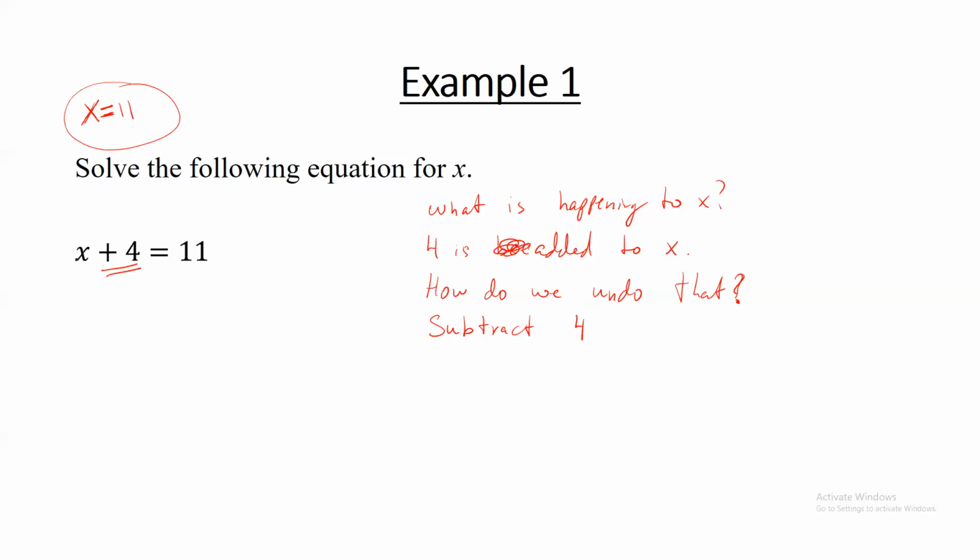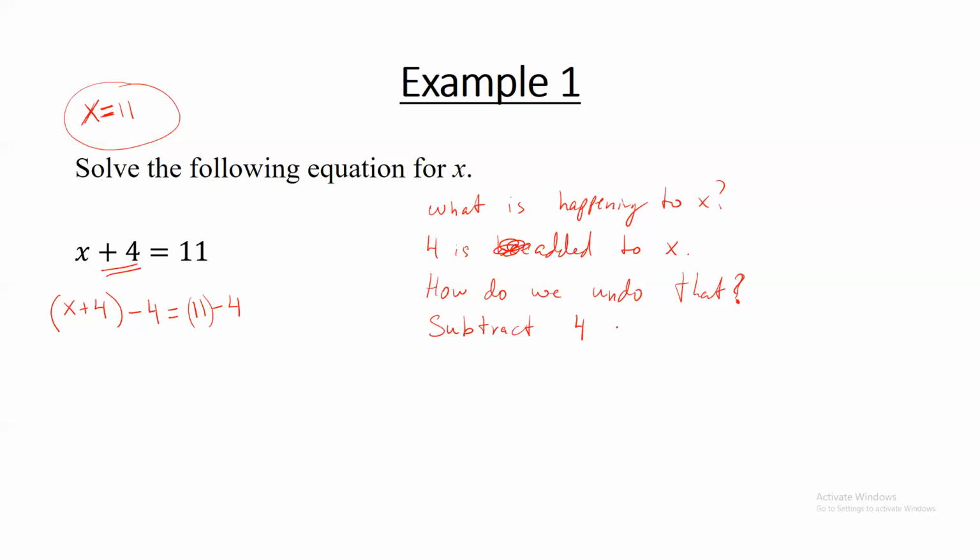Now, what does that mean? What it means is we have 4 is being added to x. This is what's happening on the left side. We are going to subtract 4 to undo that. Are we allowed to do that? Sure we are, as long as, if you remember from the previous video, we also subtract 4 from the right side, right?